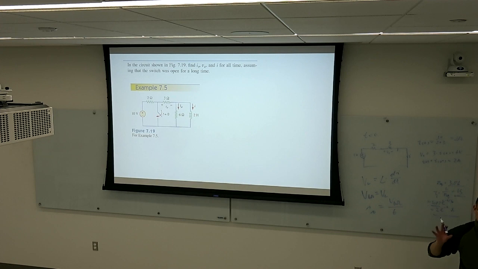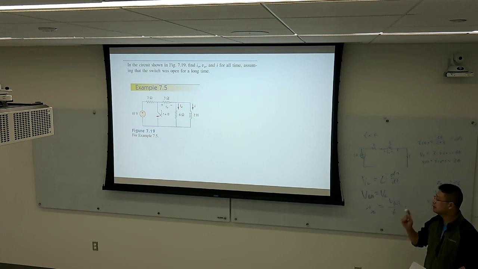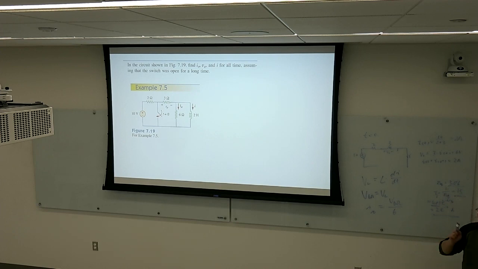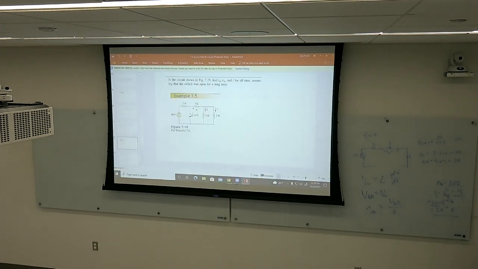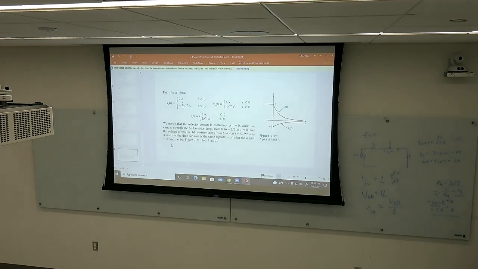So it's very similar to an RC circuit, but the only difference is that you need to find the initial current and also tau. For the RC circuit, you find the initial voltage. That's the only difference. You can plot the solutions.